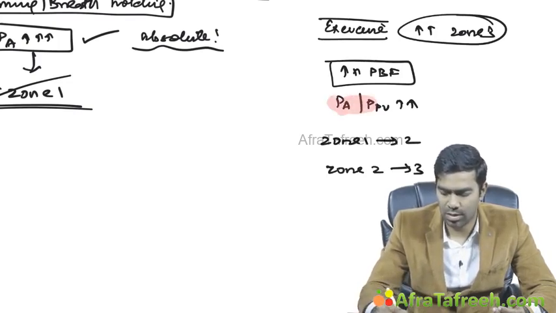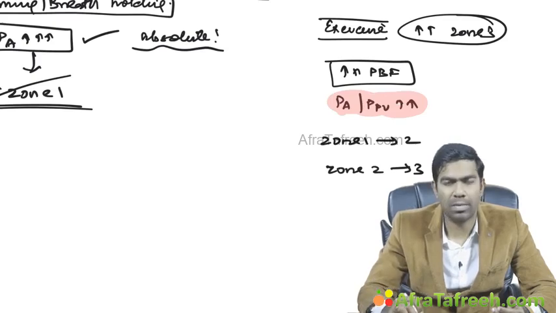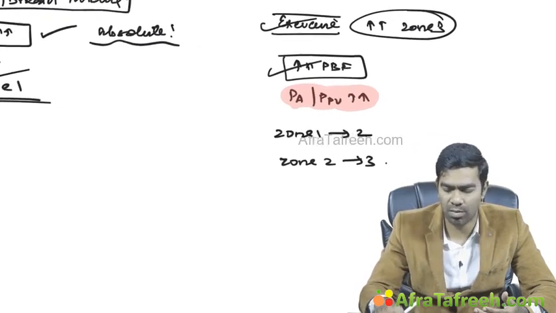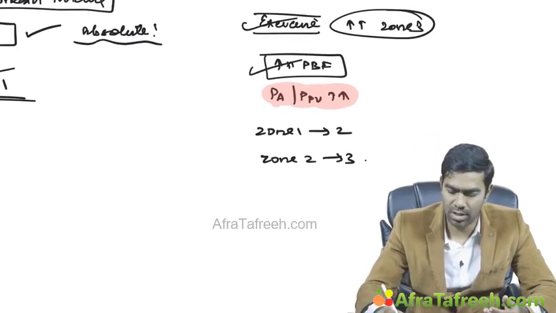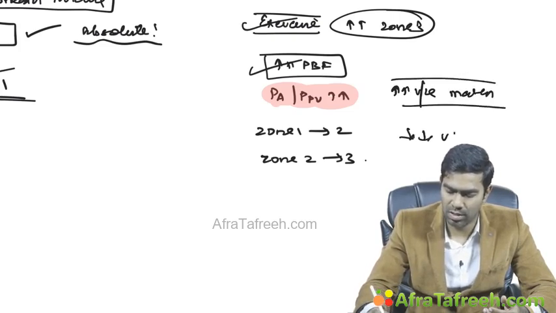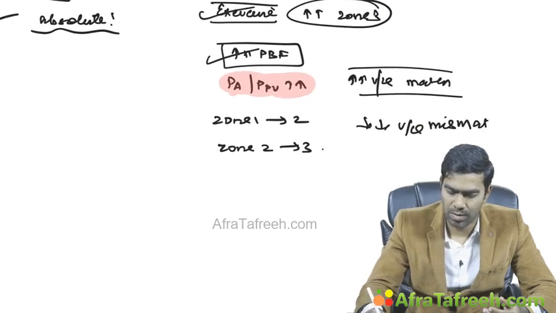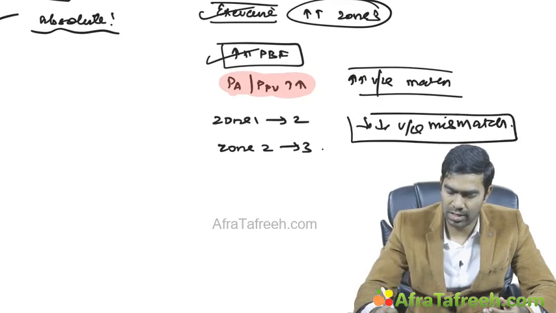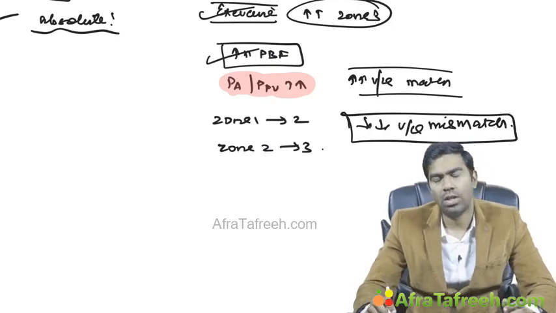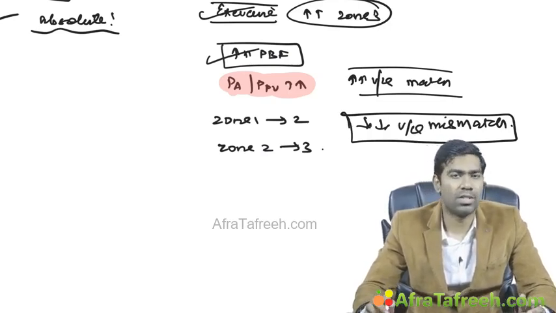So you actually get better VQ matching, which means you are reducing the VQ mismatching. Clear? Exercise will usually tend to produce a VQ ratio of 1, many times. It also tends to open the apical vessels which are normally collapsed.